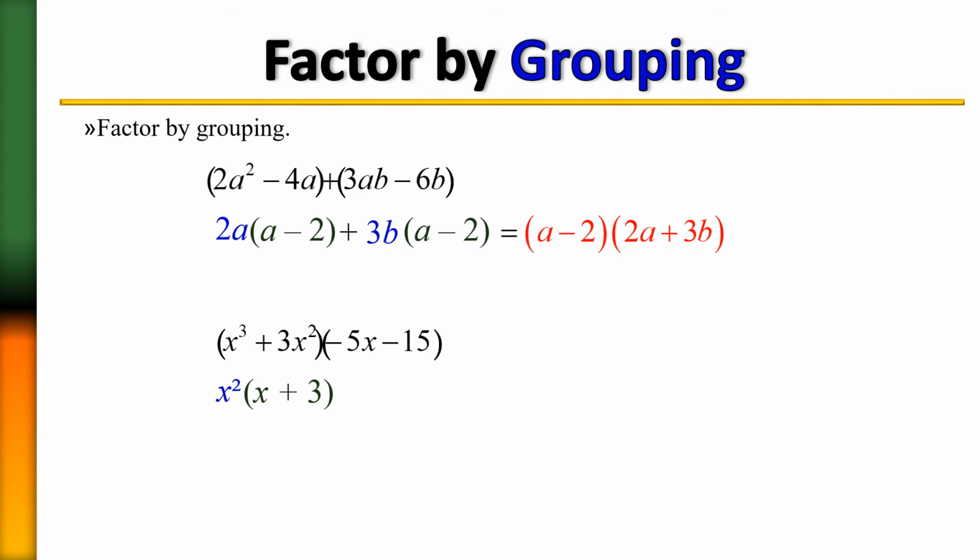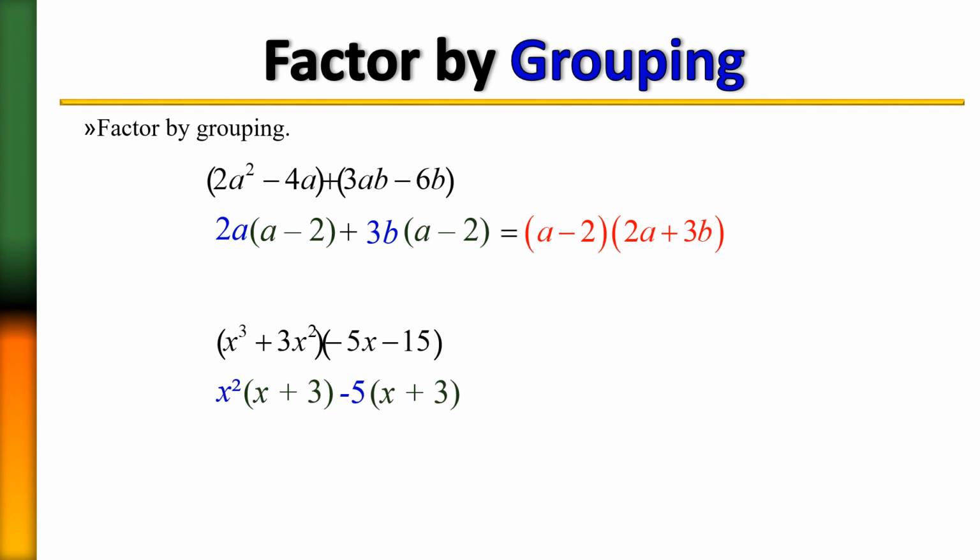And since that second group there, that binomial, starts with a negative, we're going to factor out a -5 that they have in common. And what's left goes in parentheses. Make sure you change the signs of those in the parentheses. And you notice it will be now exactly what was left of the first term.